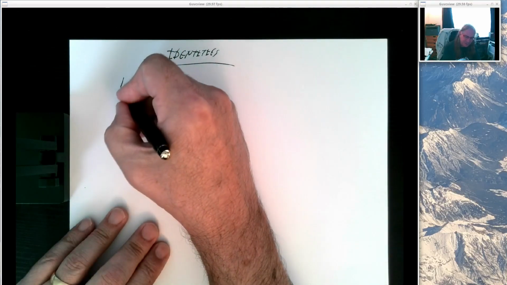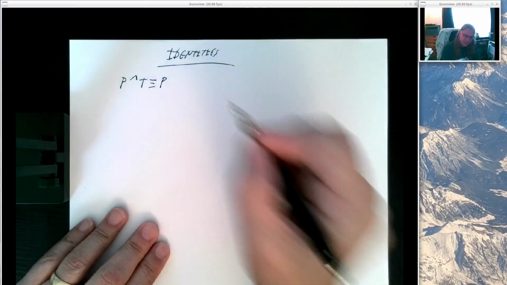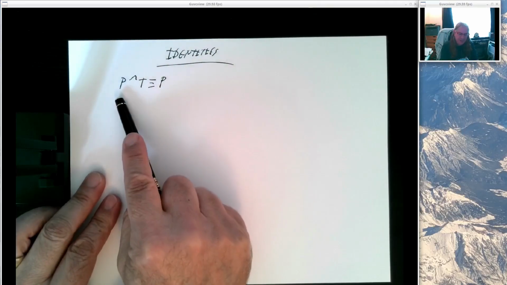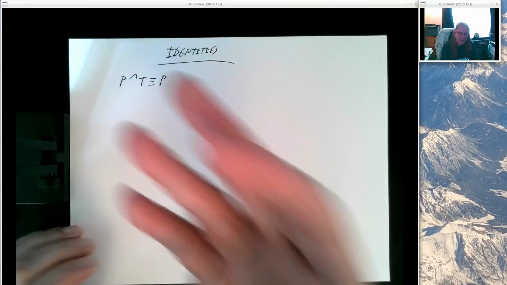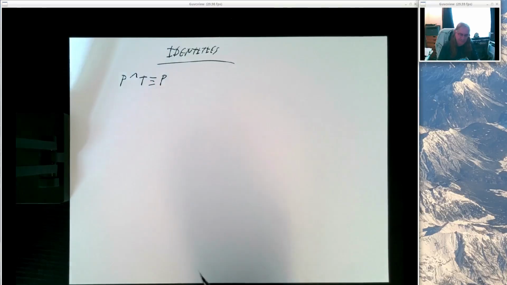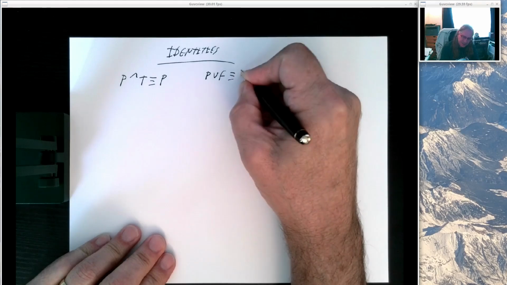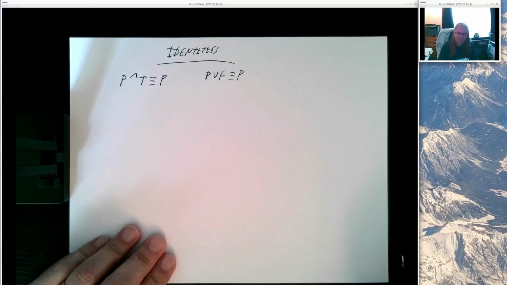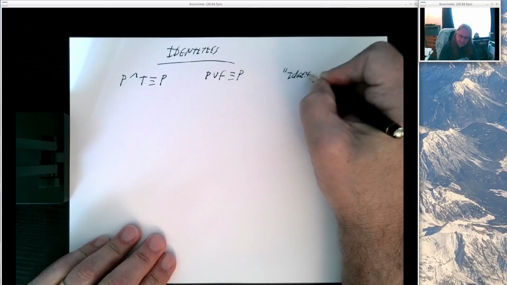For example, P and true is always logically equivalent to P. So if P is a proposition, it is raining, then it is raining and true has the same truth value as just it is raining. P disjunction with false is also always logically equivalent to P. And this is an identity called just identity.